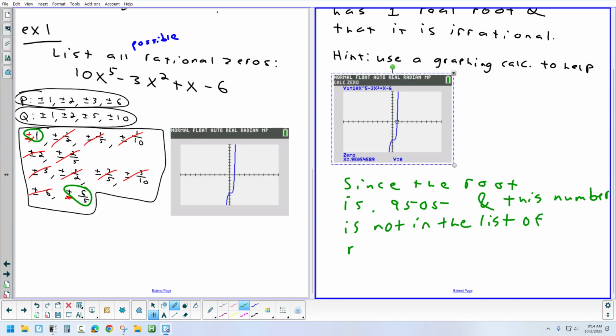That's what the rational root theorem gave us. It's not in the list of rational options, so it must be irrational. Any question on that?